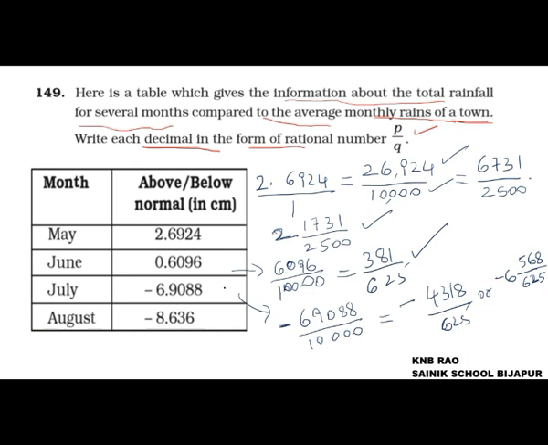This is the July's rainfall in centimeters converted into P by Q form. So, August one, you do it on your own.